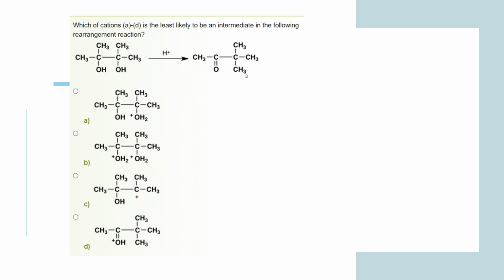And throughout this reaction mechanism, reaction pathway, we are going to involve a few reactive intermediates in the reaction, isn't it? Carbocations, carbanions, various reactive intermediates we are going to involve in this reaction. So you have to identify out of A to D which is that reactive intermediate that is not going to be formed.